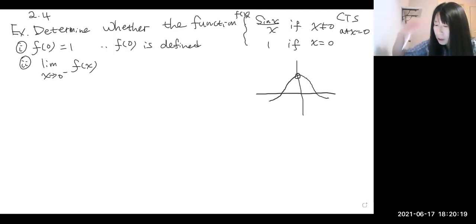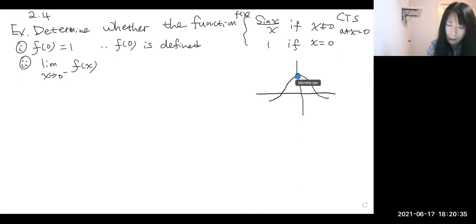Now the second function, f of x equal to 1 when x equal to 0, so we're going to have a dot like this. Now we define the limit when x approaches 0 from the left.